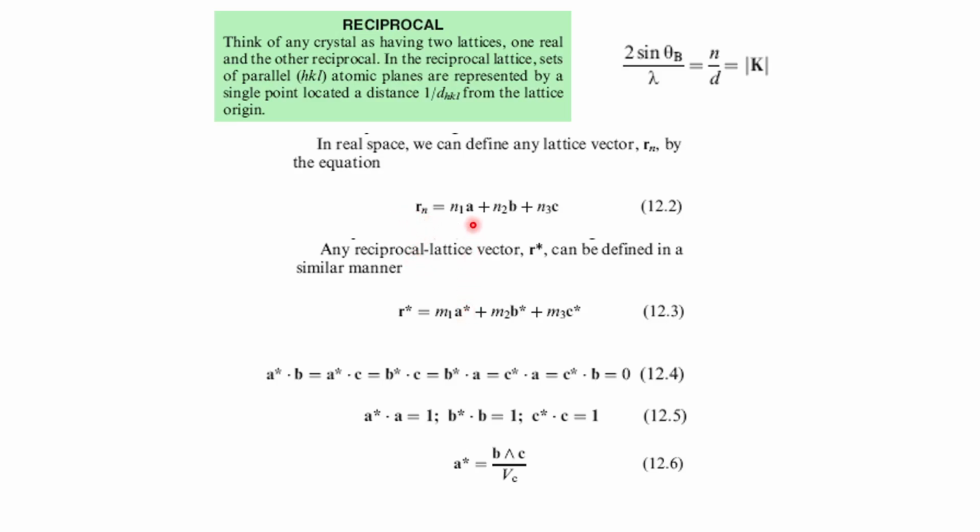As a result, the dot products of a star with a, b star with b, and c star with c will each be 1, and the dot products of a with b star or a with c star, and all the other cross combinations, will be 0. And the volume of the reciprocal lattice will be given by b cross c divided by a star.